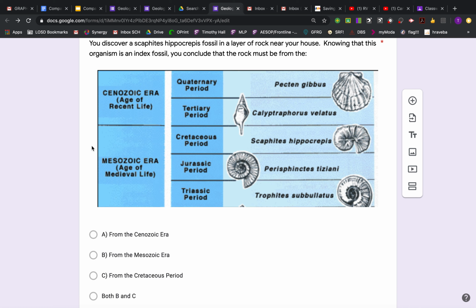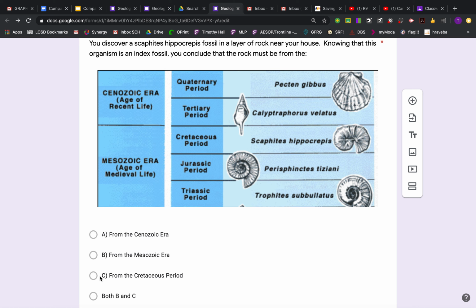Now I got a question on this one that said, hey, Mr. Hall, shouldn't it just be the Cretaceous? Because the whole concept of an index fossil is that it's helping us find the age, as close as possible, of a rock. And that's a fair point. So if we were doing this, I could go back and change the key so that if you just clicked Cretaceous and not both Mesozoic and Cretaceous, then you got the correct answer.